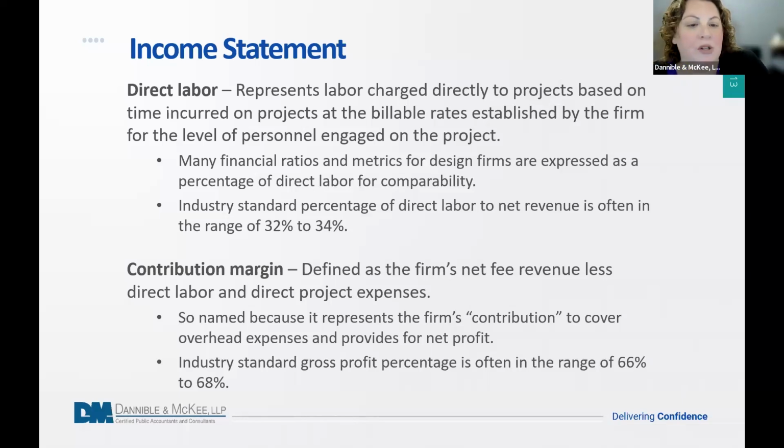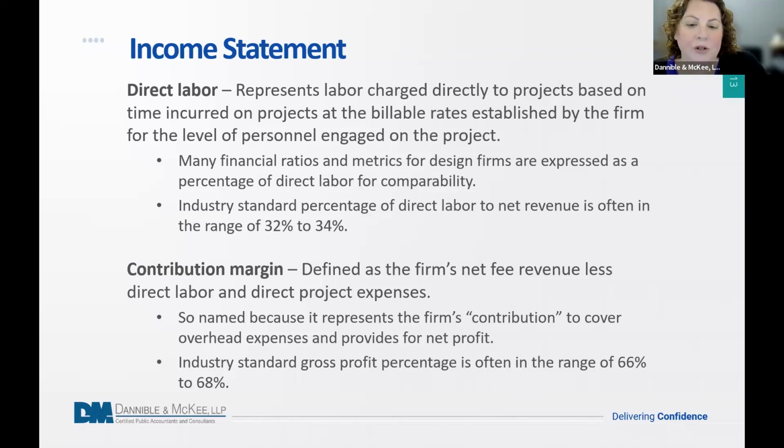Contribution margin. So this is defined as the firm's net fee less direct labor and direct project expenses. So having a handle on your contribution margin, if you were in manufacturing, this might be called your gross margin, but in AE firms, you call this a contribution margin, and it represents your contribution, good name for it, to cover your overhead expenses that you provide for net profit.